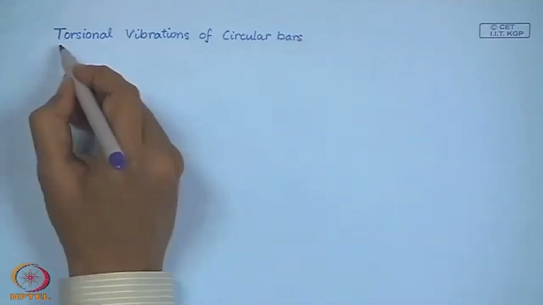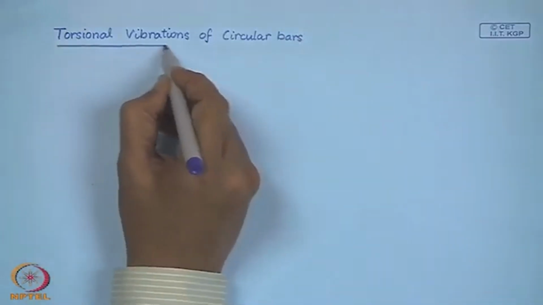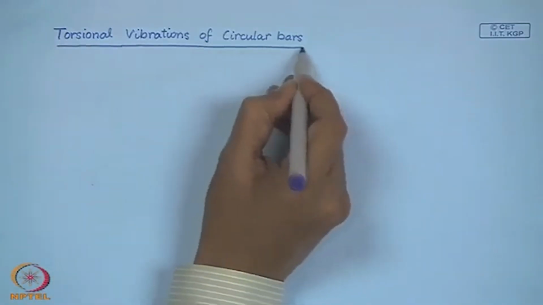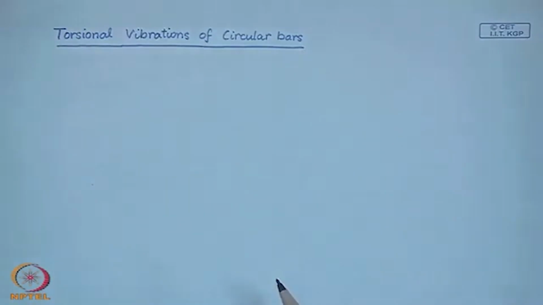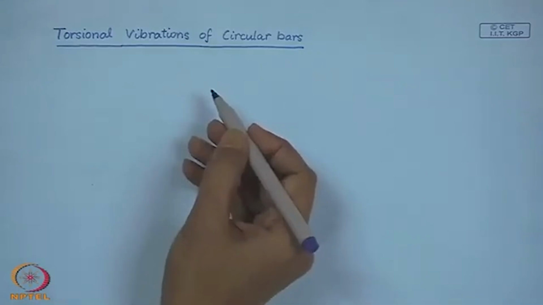We are going to consider the case of torsional vibrations of circular bars only. So, where do we find torsional vibrations of bars?